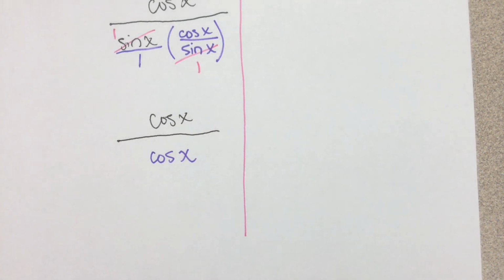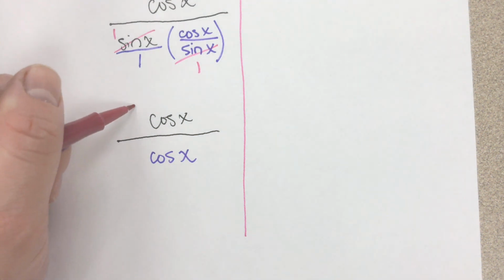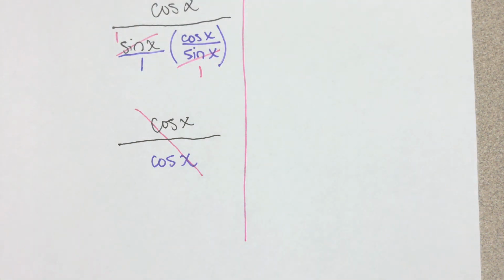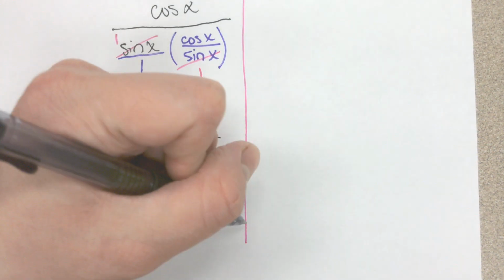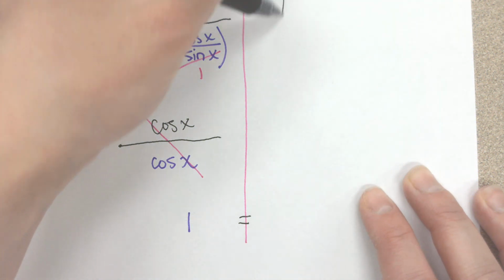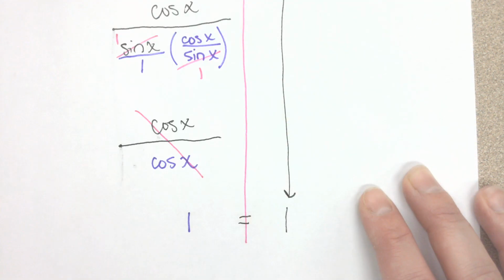And when you end up with the same trig term or number on the top and the bottom of a fraction, of course, when you divide something by itself, it will become 1. So these cancel out completely, and you just get 1. Bring that 1 down. 1 equals 1.